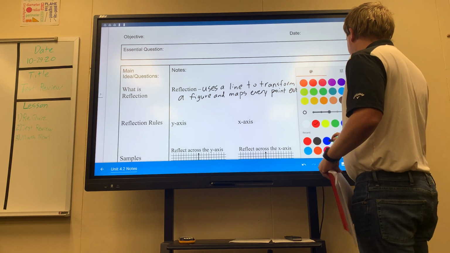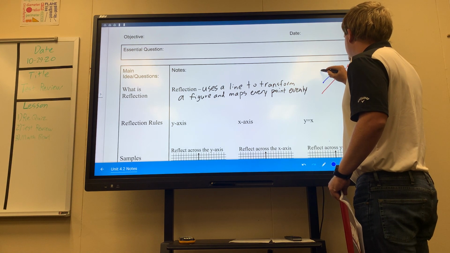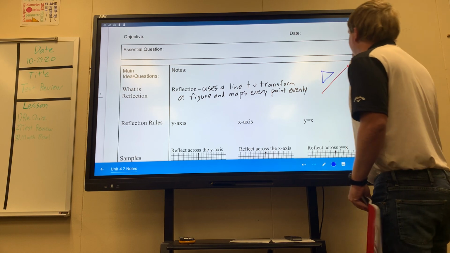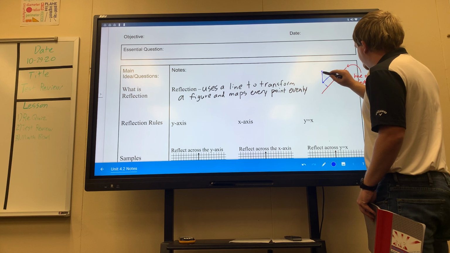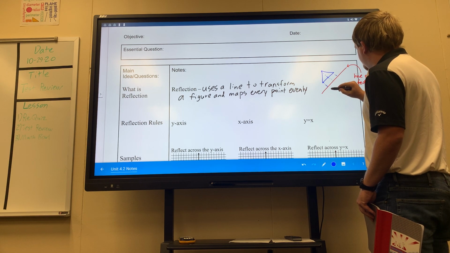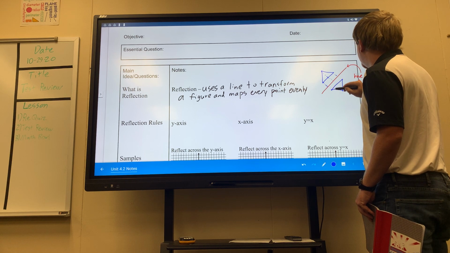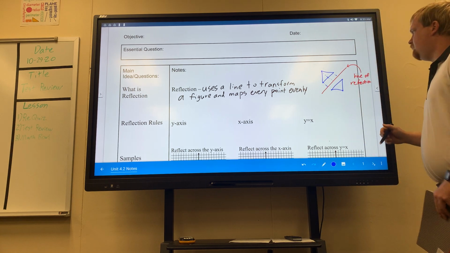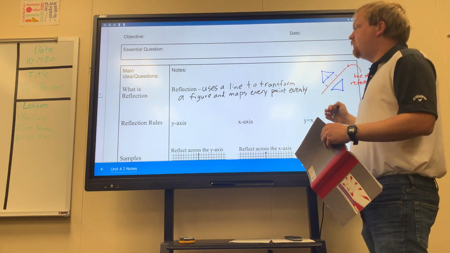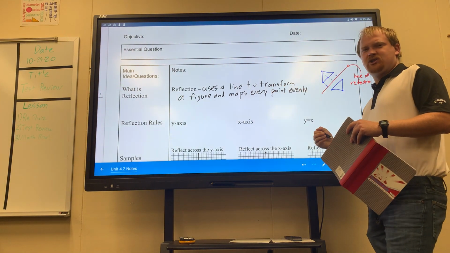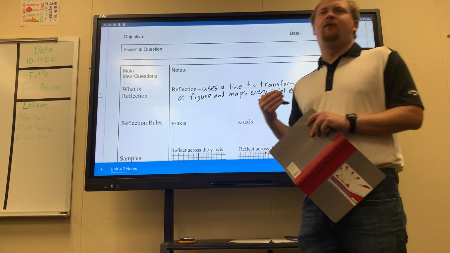So if I have this figure right here, and when I reflect it, it's going to be equal distance from each other. At least they should be equal distance from the line of reflection. Okay? Not just from each other, but from the line of reflection.